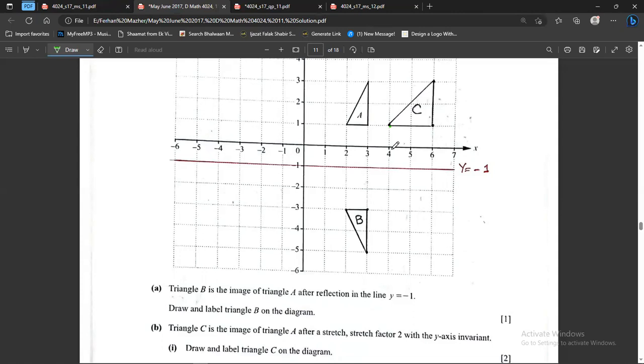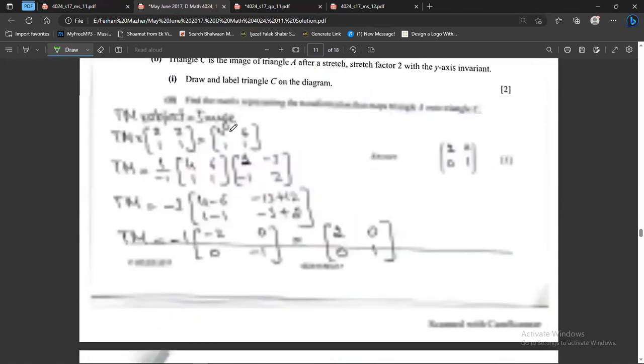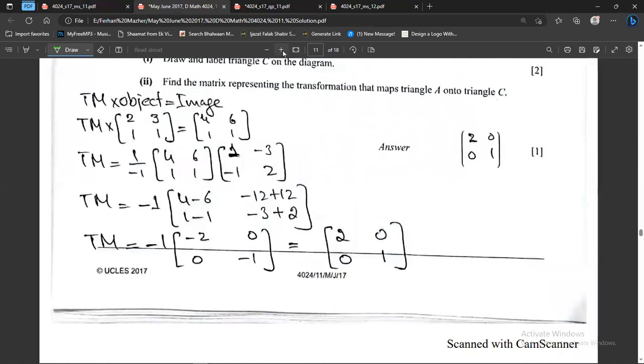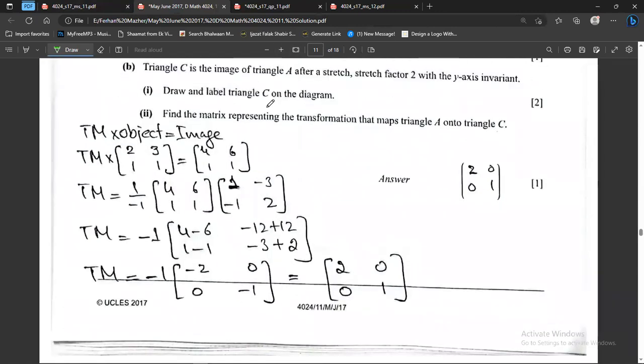I will take their images, which are (4, 1) and (6, 1). With the help of this, I can find it. The transformation matrix multiplied by the object is equal to the image. The object is 2, 1, 3, 1, and the image of the same points is 4, 1, 6, 1.